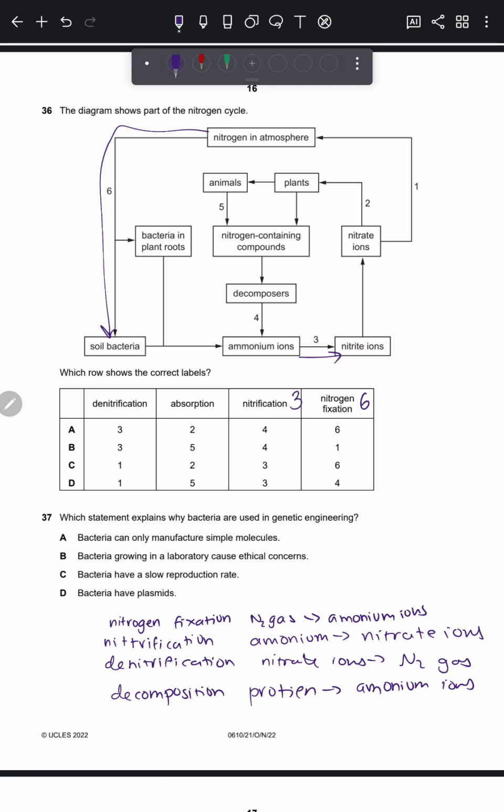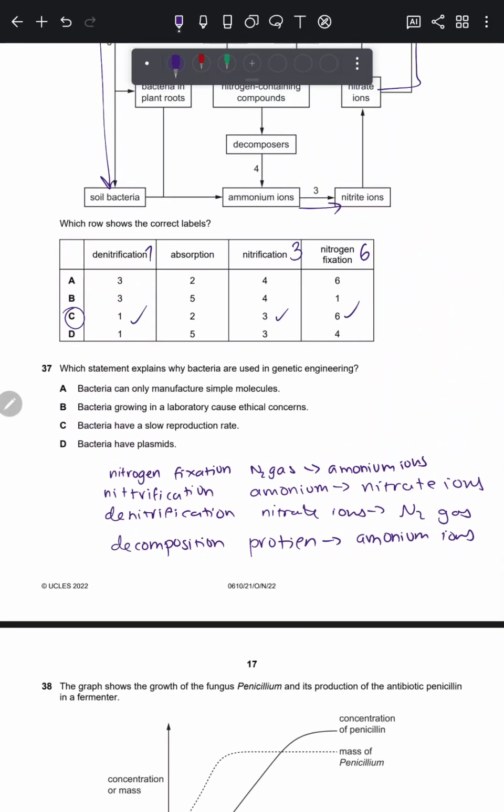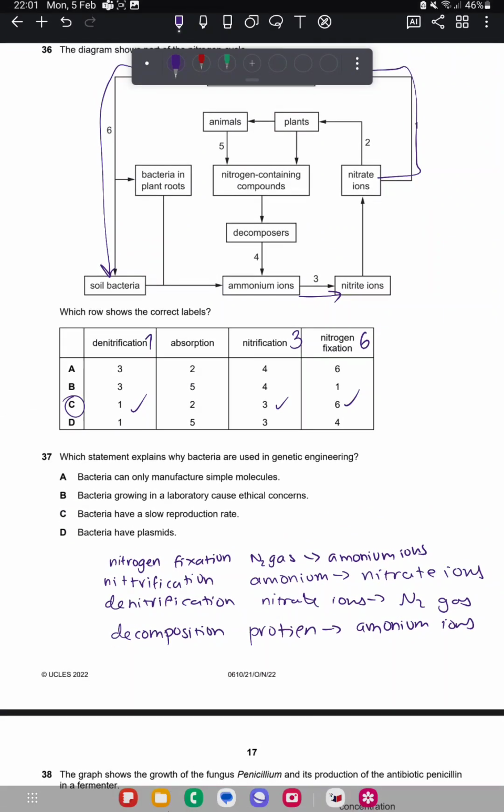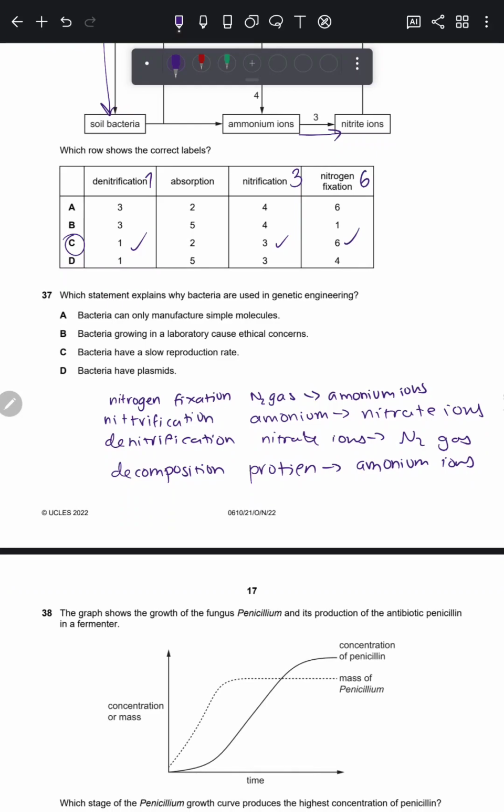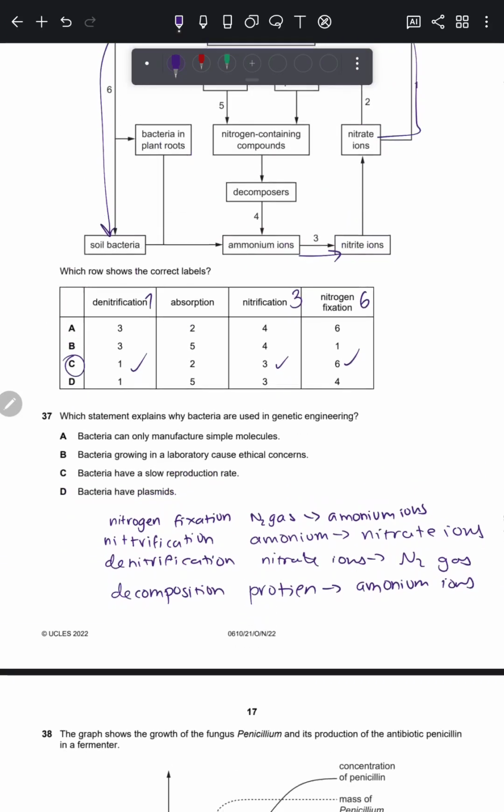Denitrification is nitrate ions to N2 gas. So nitrate ions go back into the atmosphere, so there should be 1. That should help us to eliminate something. Yes, there's no 6 here, so it must be C, right? Okay. Because 4 decomposers, yeah, I have no clue. I have to review that topic.